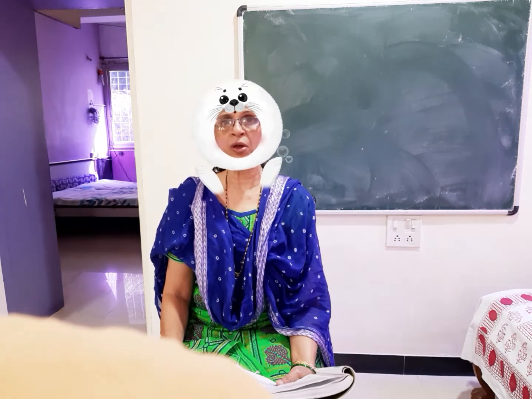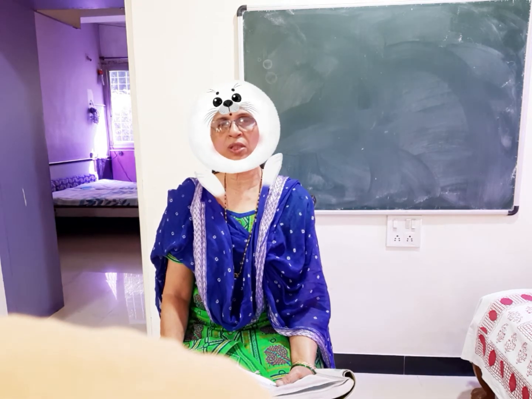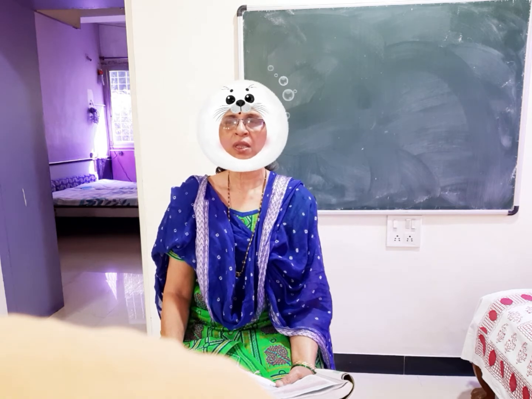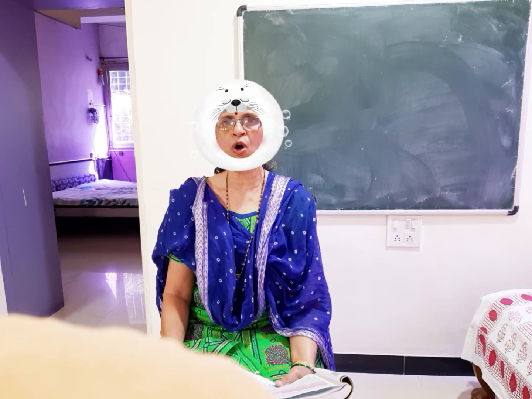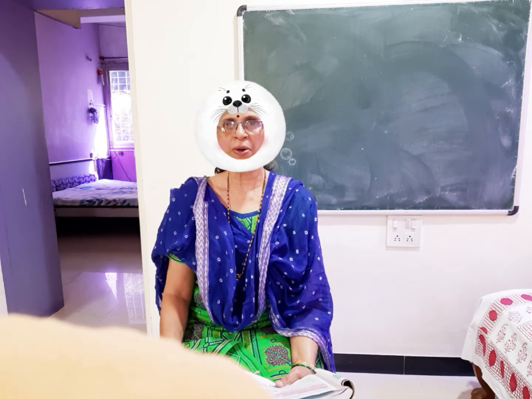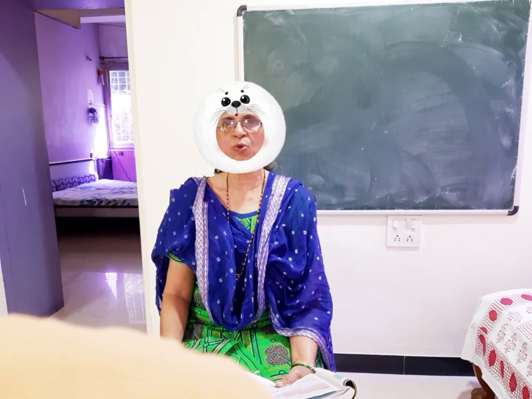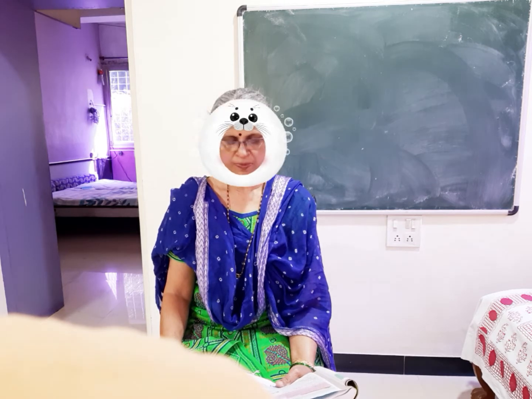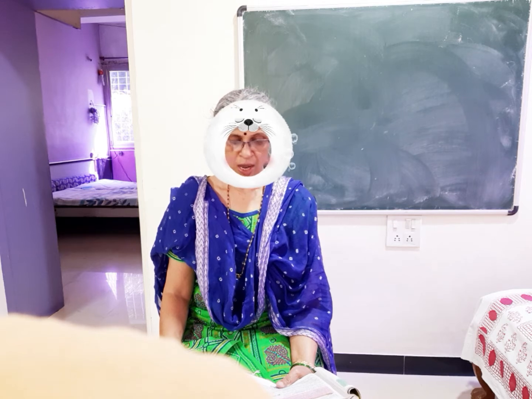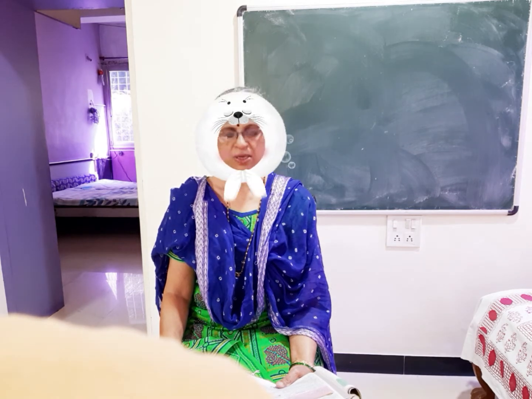Then the third law, you remember as a formula, and then you can remember the statement easily. That is T square proportional to r cube, where capital T is the period of revolution and small r is the distance between the planet and the sun.